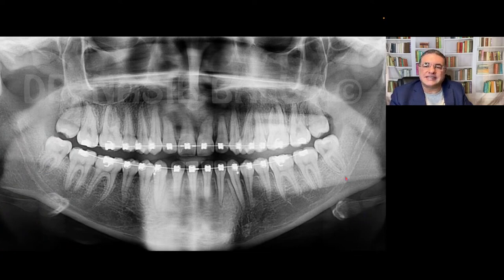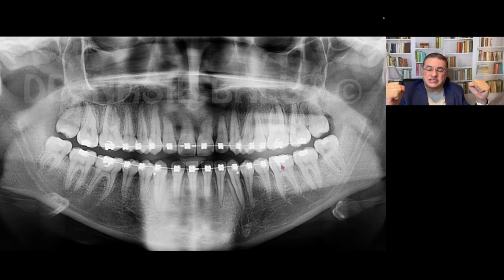And look what is happening with the lower third molars. Because I don't have brackets on those, and the force which is distalizing, look the thickness of the periodontal ligament of the cuspids is getting thicker. I'm distalizing very little, probably about a millimeter or so.